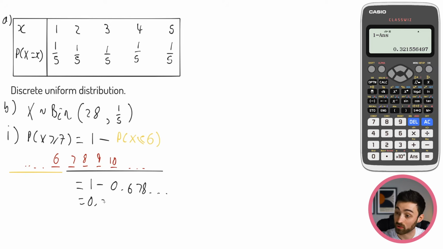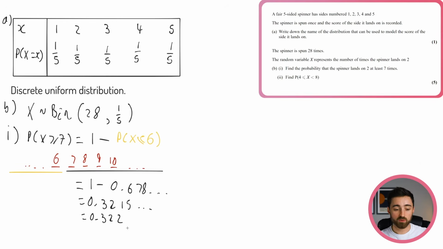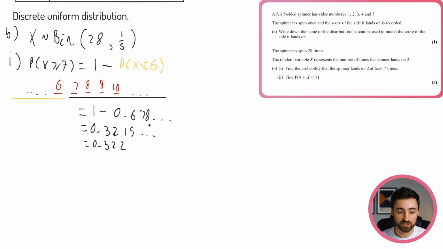So that's going to be 0.3215... Now, why don't we round this to like 3 sig fig? So that's going to be what? 0.322. Sweet.